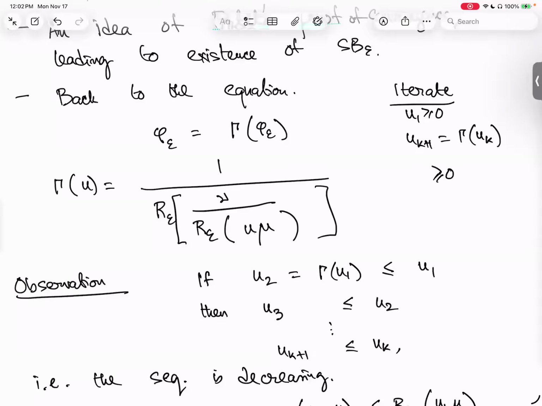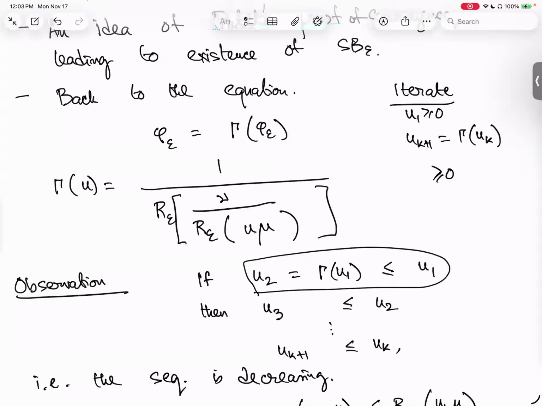The bigger problem with this argument is how do I even guarantee this statement? How do I start my iteration? Good. So what am I saying here? If I can pick U1 such that in my first step of the iteration, U2 is less than or equal to U1, then it's almost immediate that the sequence converges and the limit exists.